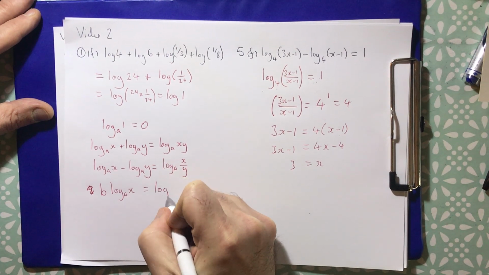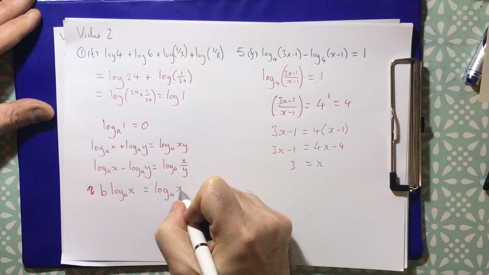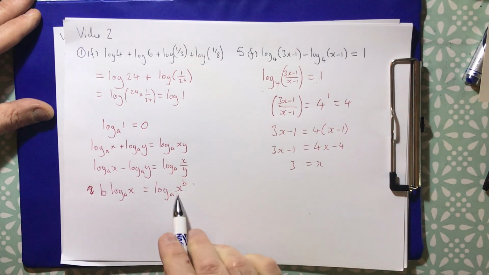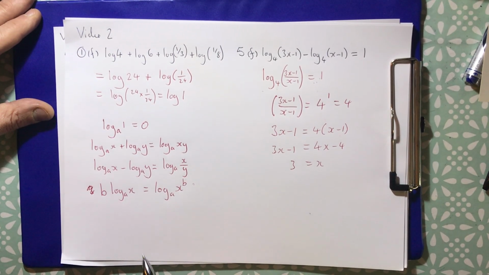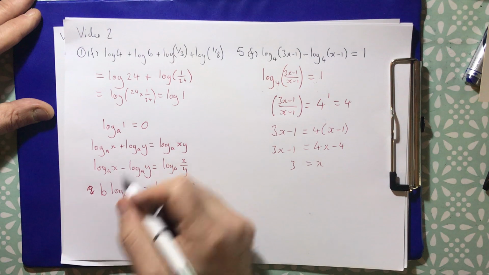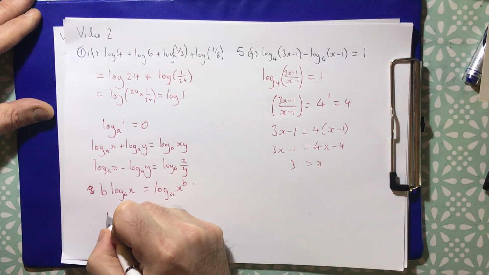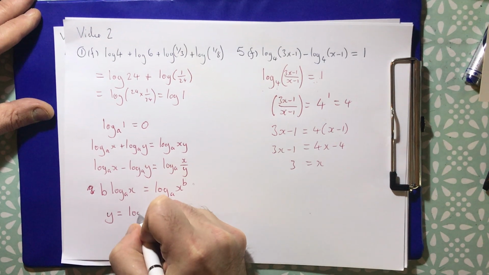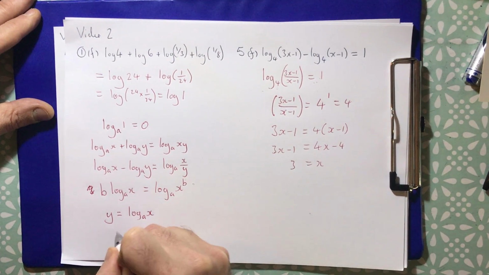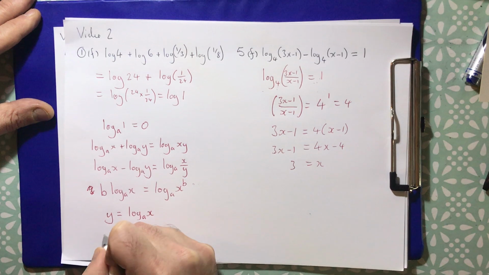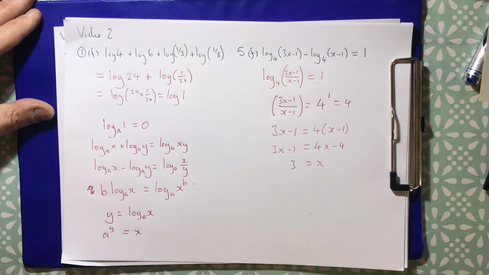Remember, inside the log, that is x to the power b. And remember, if y equals log to the base a of x, then x will be a to the power y.